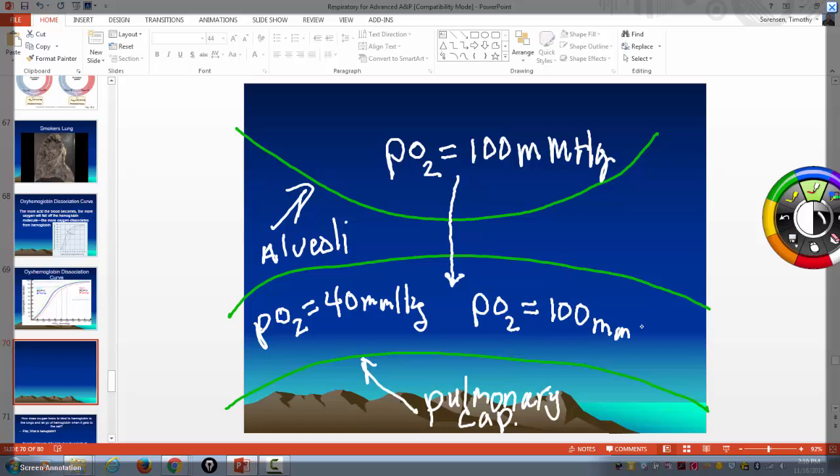So I'm just talking about PO2 right now. So all of that blood, that plasma of the blood, that has now been given additional oxygen from the alveoli, all of that extra newly oxygenated blood is going to go to the left side of the heart.